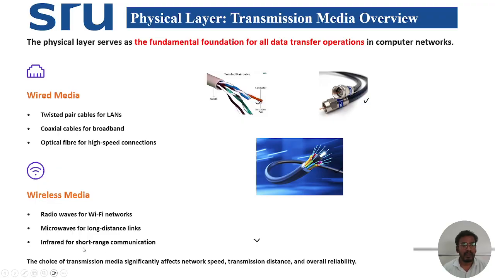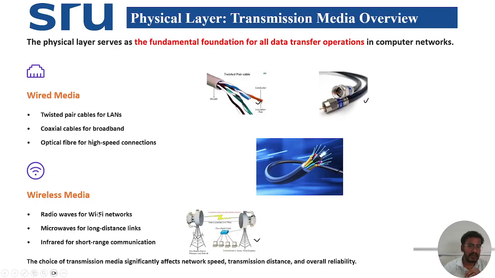Coming to the wired media we use for transferring the data from one to another: in the early stage we used twisted pair cable for LAN, coaxial cable for broadband communications, and optical fiber for high-speed connections. Currently, the highest speed transmission uses optical fiber.